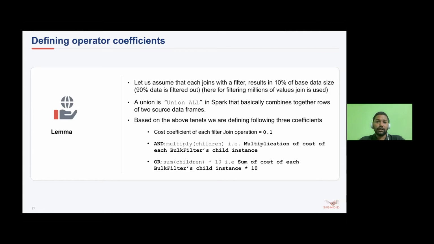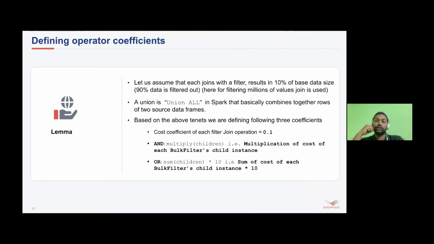And if we do a union between two data sets, we will have to do union all or union by name, right? So this is basically combining two data frames or two data sets. So based on these tenets, we define some operator coefficient for our case.